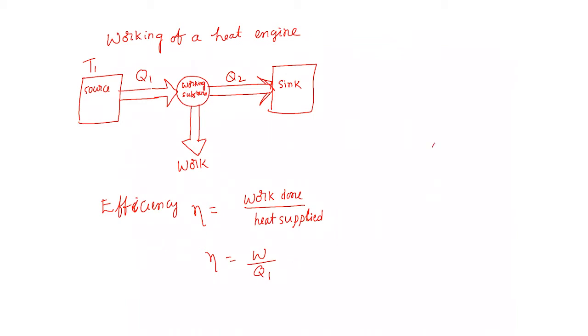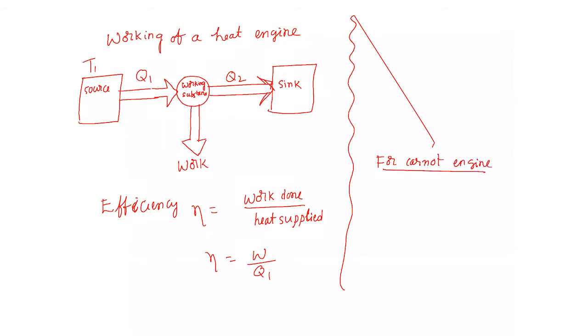For the Carnot engine also, the fundamental formula is the same. Basically here Q1 is equal to Q2 plus W, right? So what is W? Q1 minus Q2 divided by Q1, which is equal to 1 minus Q2 by Q1.